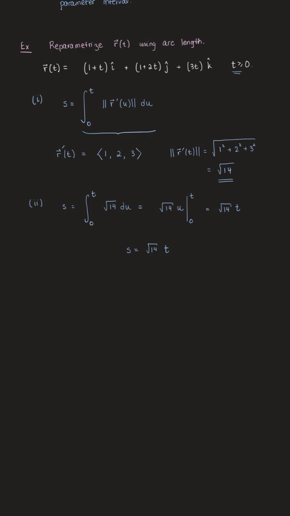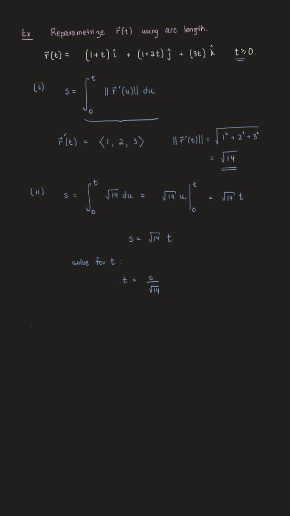All right, so we're going to solve for t, because then we're going to reparametrize our curve and put our new expression for t in terms of s into our vector function. So when we solve here for t, we obtain that t is equal to s over the square root of 14. Now, we're going to go back to our original vector function that was parametrized in terms of t.